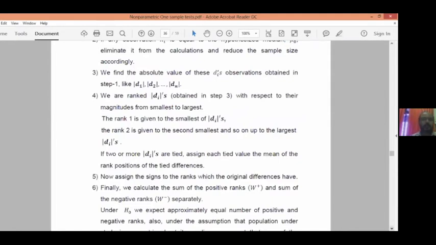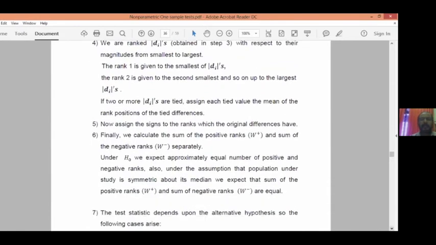Now assign to the ranks the signs which the original differences have. Finally, we calculate the sum of positive ranks and the sum of negative ranks separately. Under H0, with the assumption that the population under study is symmetric about the median, we expect the sum of the positive ranks and the sum of the negative ranks to be approximately equal.